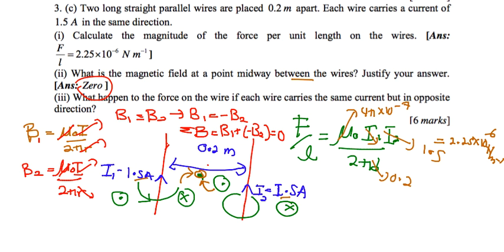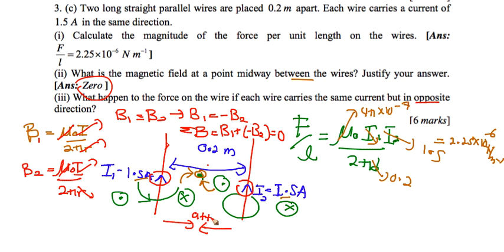Okay, number 3: what happens to the force on the wires if each wire carries the same current but in the opposite direction? In the first situation, the two wires have the same direction, meaning you have an attracting force.